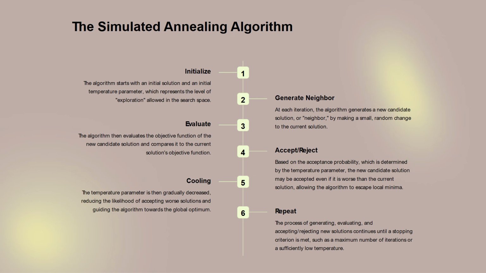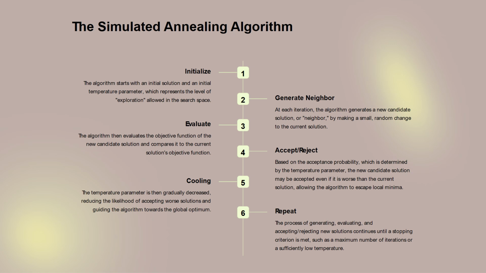Steps in the simulated annealing algorithm. 1. Initialize. The algorithm starts with an initial solution and an initial temperature parameter, which represents the level of exploration allowed in the search space. 2. Generate neighbor.